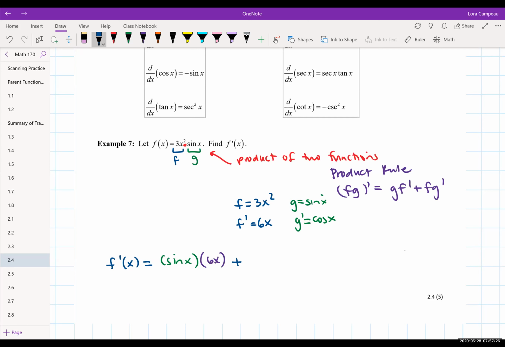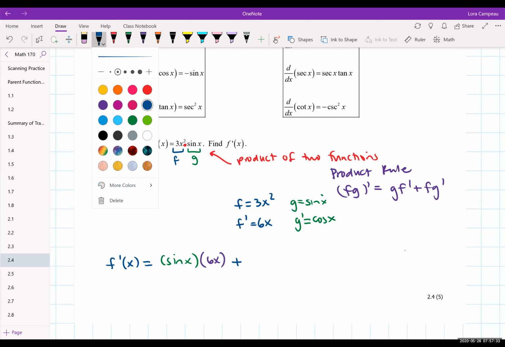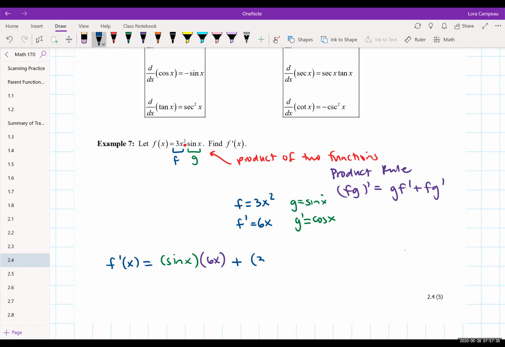We have added to that the first function, which is 3x squared, times the derivative of the second function, which in our case is cosine x. This is actually where the product rule is more useful, because we wouldn't know otherwise, not like those polynomials we were working on earlier.